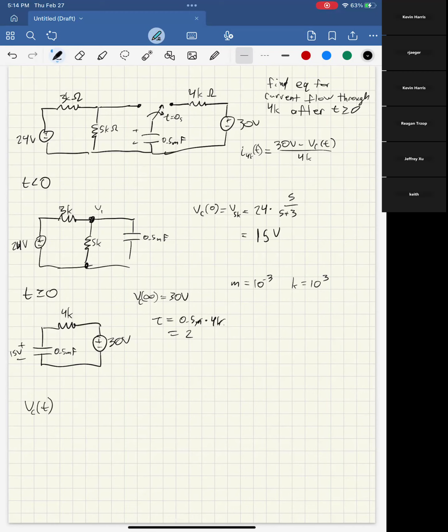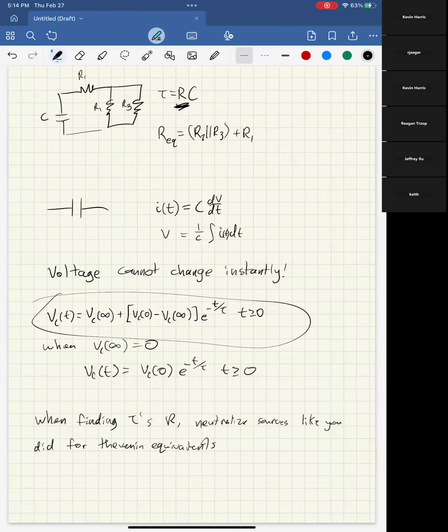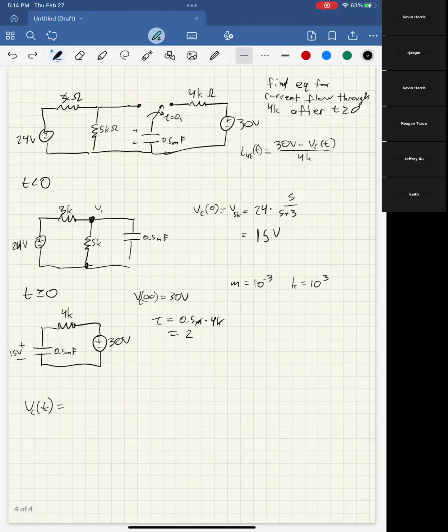VC of t, I got a text message, ignore that. VC of t equals, what was it? Memorize this. This is the only equation you have to memorize. VC of t equals VC of infinity plus VC of 0 minus VC of infinity, times e to the negative t over tau.